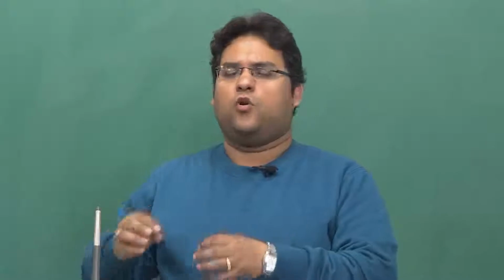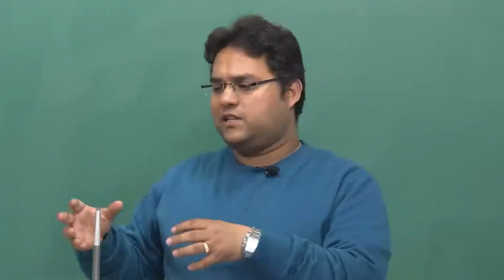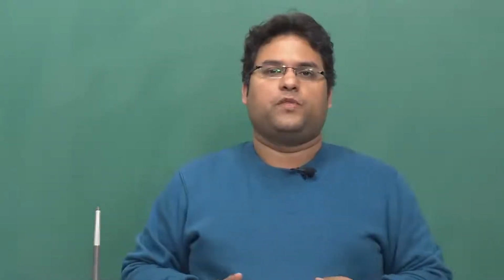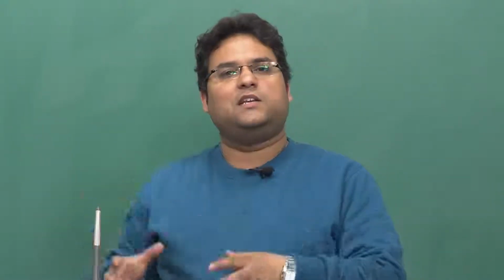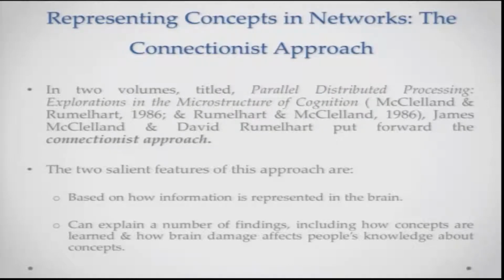Now, in today's lecture, we will be talking about a slightly different approach to organizing concepts or categories in the human mind. This theory is referred to as the connectionist approach to representing concepts. The major groundbreaking work in this regard was published in 1986 when the book Parallel Distributed Processing: Explorations in the Microstructure of Cognition came out.